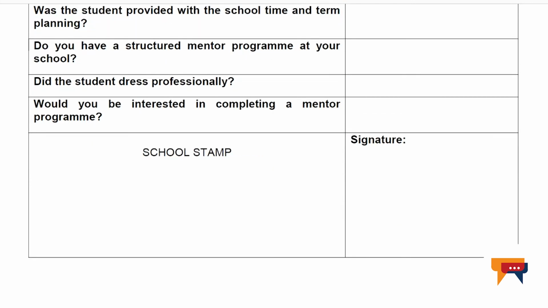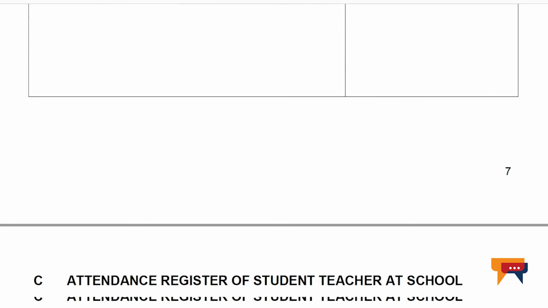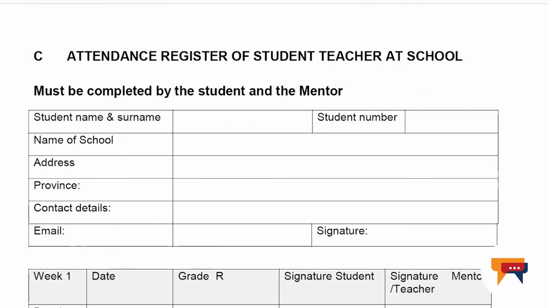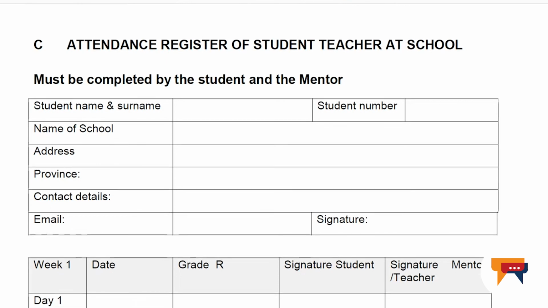Would you be interested in completing a mentor program? That's a question the mentor will be asked to complete. Furthermore, we need the school stamp and the signature to authenticate that indeed a mentor was assigned to you and a mentor is the one who completed section B.